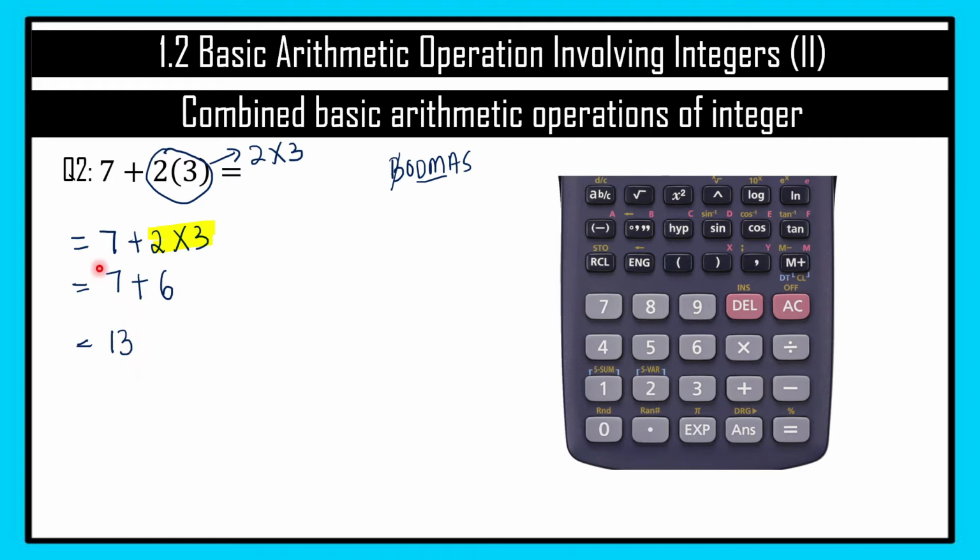Alternatively, you can choose to use this step, which is 7 plus 2 multiply 3. If you enter this one, you will also get 13. You know the calculator is an indispensable tool for you, so make sure that you take good care of your calculator. Next question.